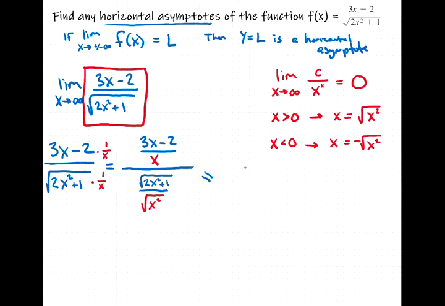We could split the numerator up into two terms, 3x over x, which is 3, and minus 2 over x. And on the bottom, since we have two square roots, we could combine them into one square root. The quotient of square roots is equal to the square root of the quotient.